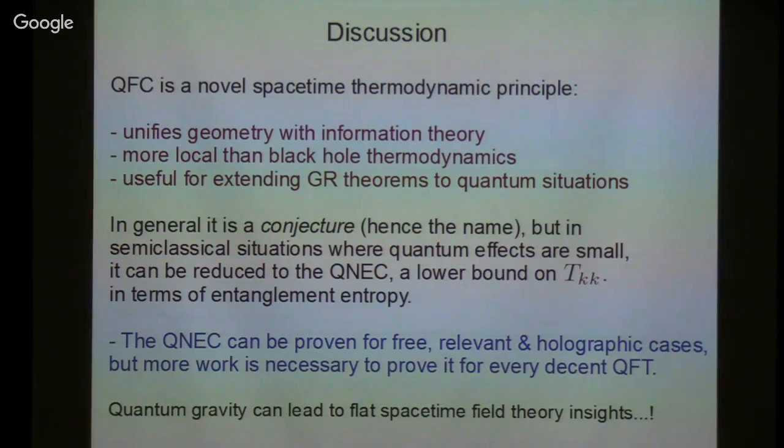Now this is interesting because we started with a quantum gravity question and we ended up with an interesting partial theorem, partial conjecture that would apply to regular quantum field theories that maybe somebody who doesn't have any interest whatsoever in gravity would still be interested in studying.